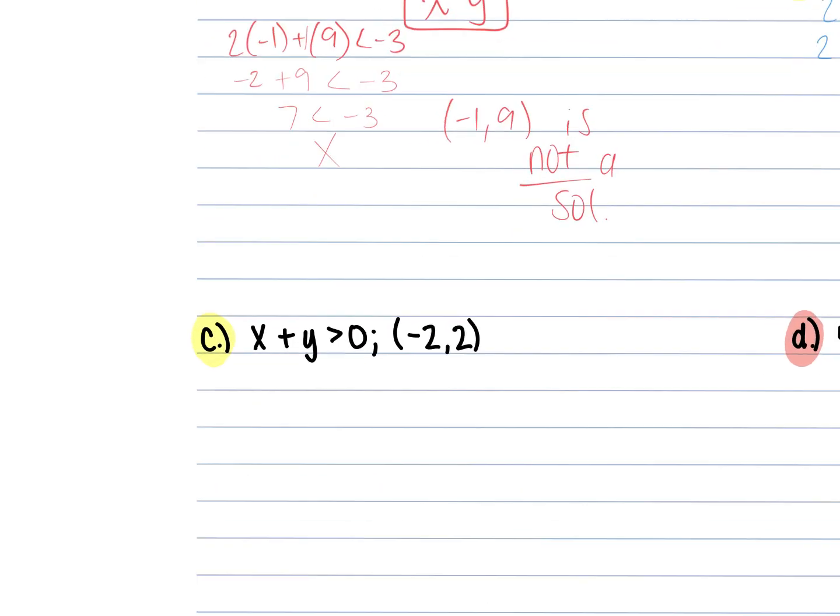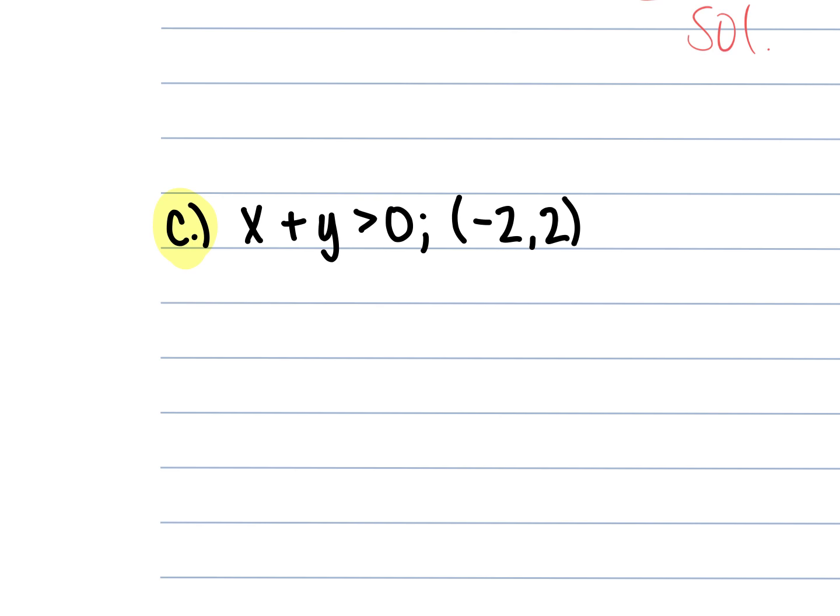Braden, walk me through it, please. Negative 2 plus 2. And then, greater than 0. Greater.